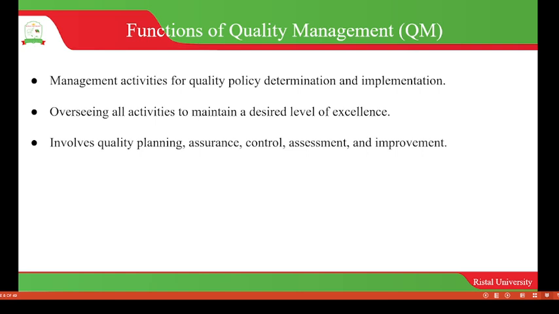Then also it is overseeing all the activities to maintain a desired level of excellence. And it involves quality planning, quality assurance, quality control, quality assessment, and quality improvement.